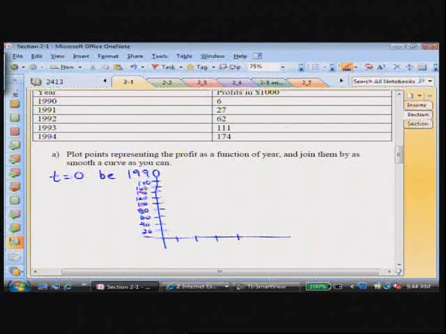In these days of technology, a little Excel might go a long way as far as graphing this, but I'm just doing it by hand to just give us a little bit of a sense.